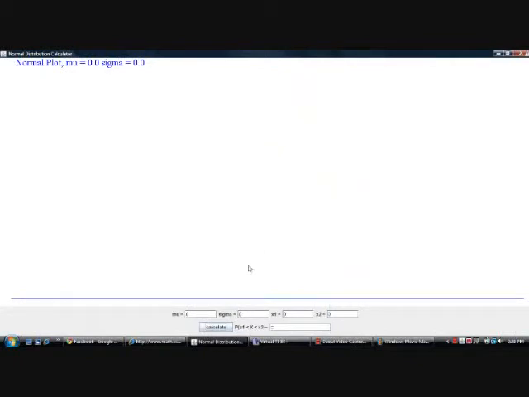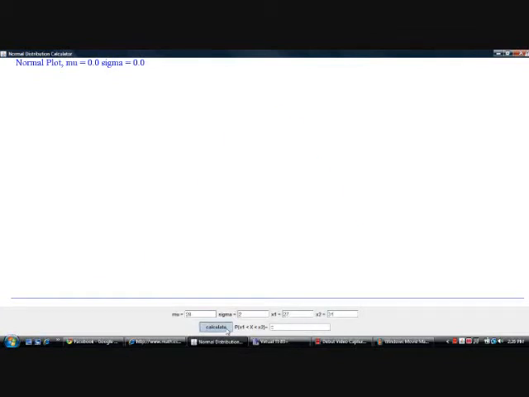Okay, so now the second part of this problem is we have to draw the curve and label it with the corresponding values. So I'm using the online applet that we're using, and enter the mu value, which is 28, enter sigma, which is the population standard deviation value, which is 2, x1, which is 27, and now x2, which is 31.